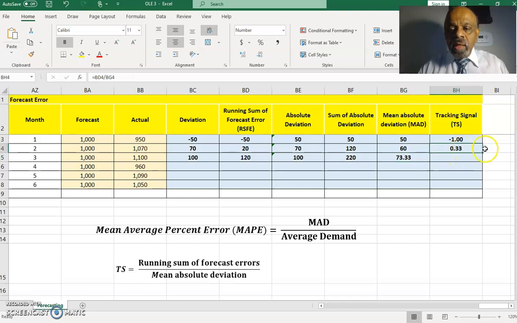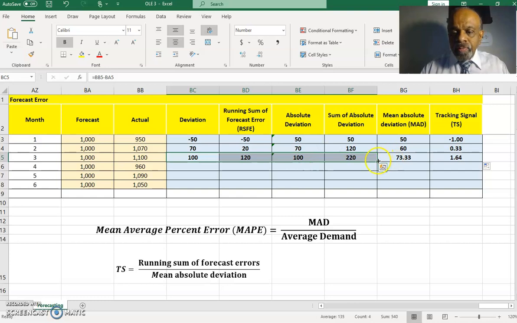My tracking signal is going to be the same. I'm going to copy and paste this. The only thing that I'm changing here is this, so I can copy and paste these things. It's going to be the same.